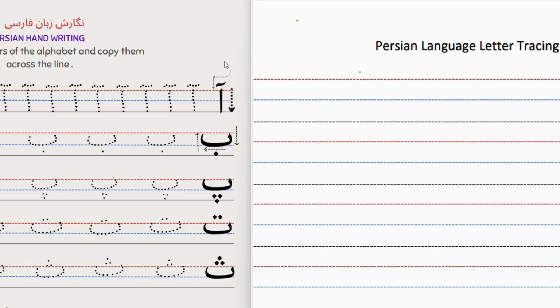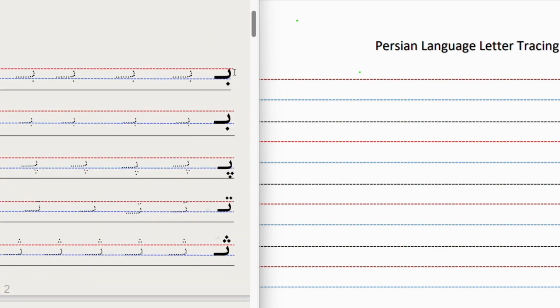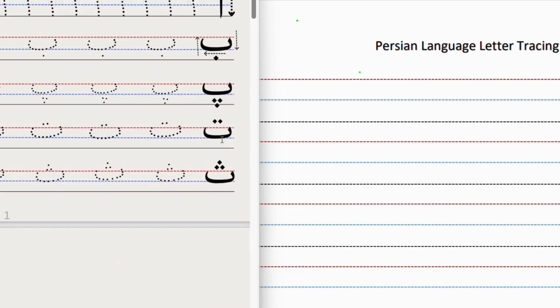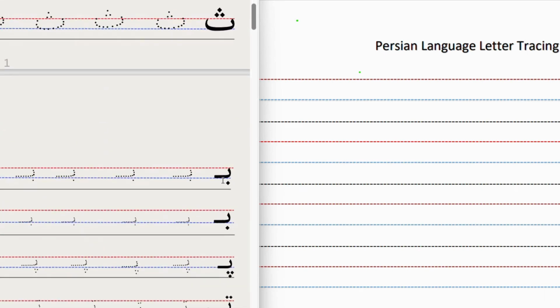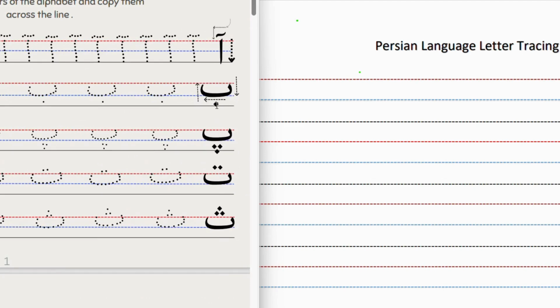So, on lesson 3, I covered how to write letters A, B, P, T, S, and also how to write the short forms of those letters B, P, T, and S. As you can see, here is the short form of B, P, T, and S. The only difference is in the number of dots.